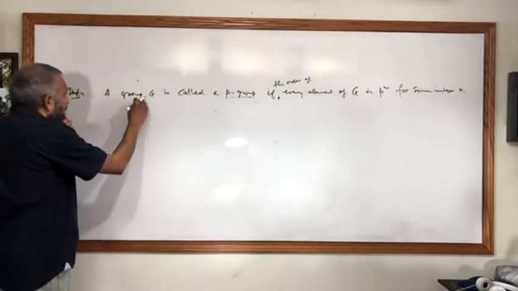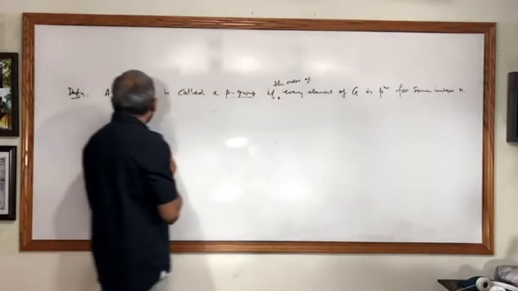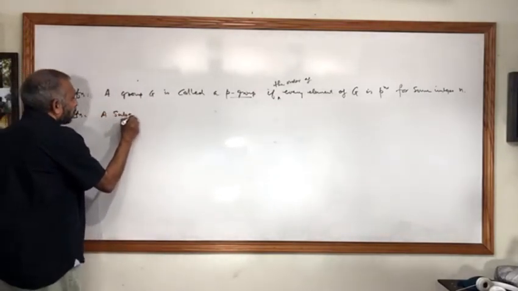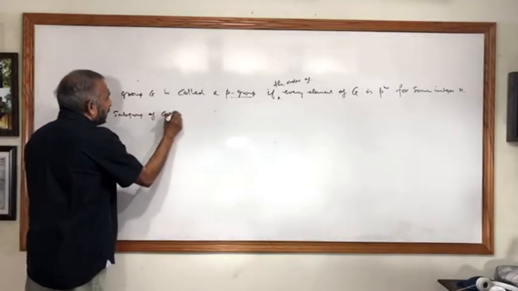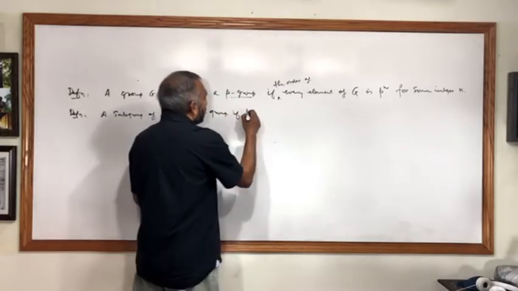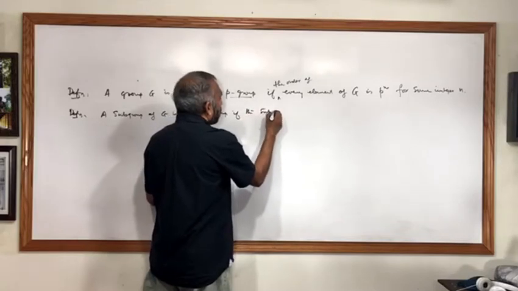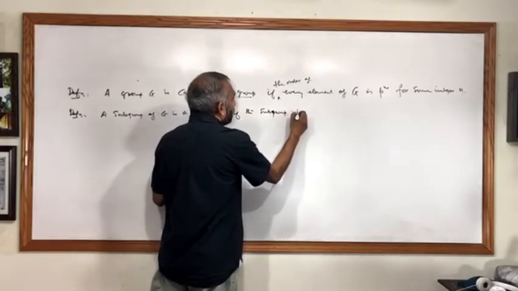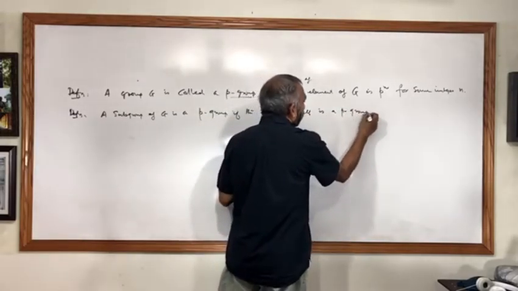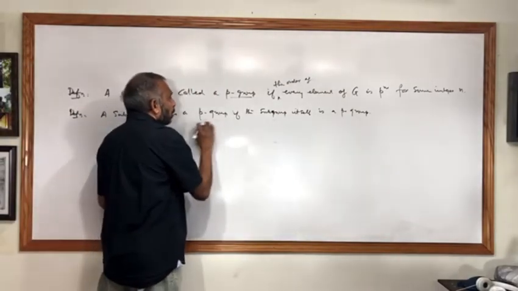Every element of G has an order of the form p to the power of n. Next definition: a subgroup of G is a P group if the subgroup itself is a P group. So we are going to use this P group throughout this section.